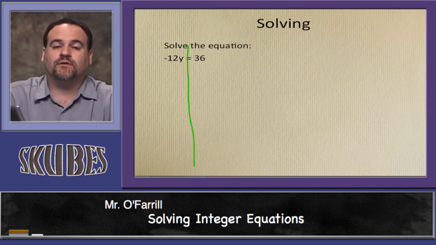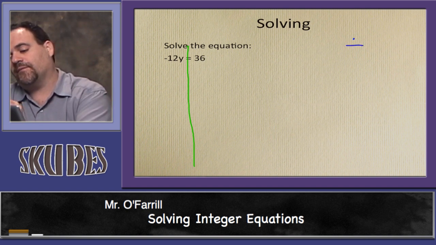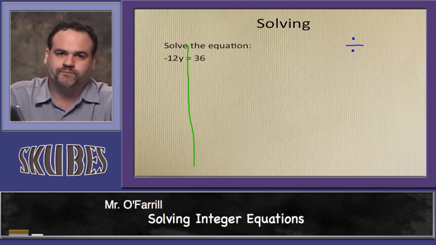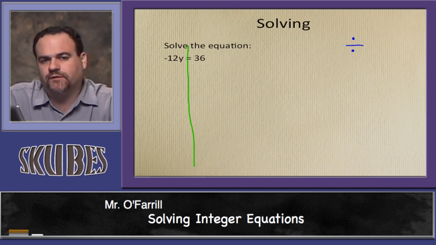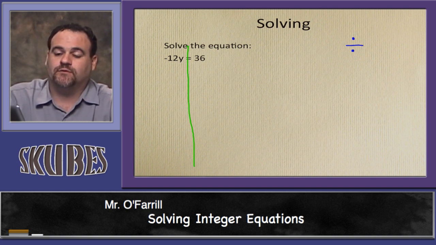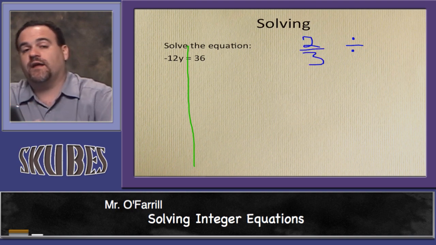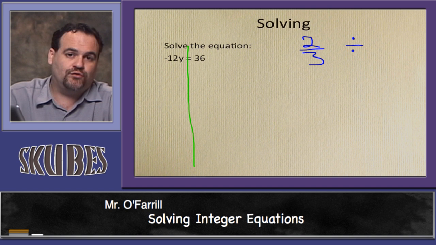Now here's a little hint or little trick. I can use that division symbol, the one that looks like this, but I'm going to let you in on a little secret. Fractions are division problems. If you see the number 2/3, yes, that is 2 things out of 3 pieces.